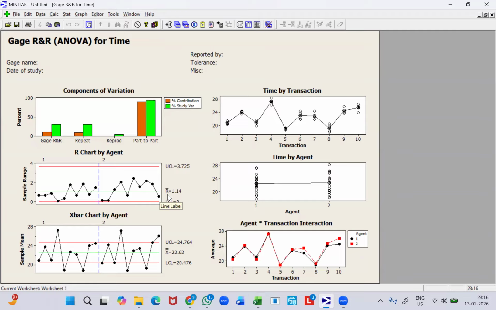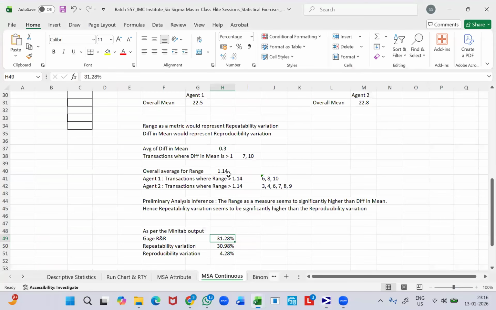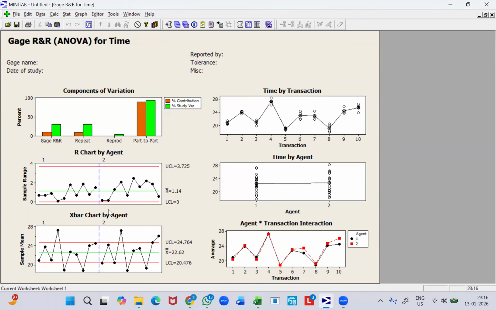If you see R bar, which is the overall average of range, it is given as 1.14, and that is exactly what we also got using the manual formula. And if you look at the transactions above this average range, we have three transactions pertaining to agent 1 where we have range values in excess of 1.14.